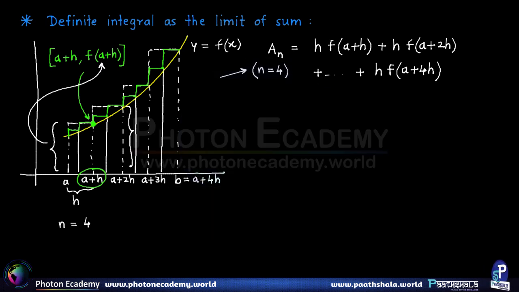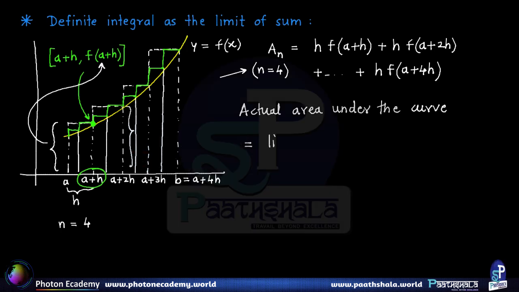So therefore we finally write that the actual area, by which we mean the required area under the curve, is nothing but the limit of what? The sum of all the areas of n rectangles. So to consider the sum, we write the summation sign, isn't it?